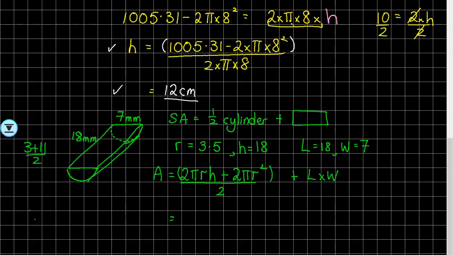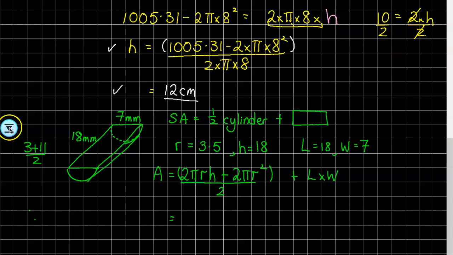Okay, so because you have now done all the hard work, you've looked at your diagram, you put your radius here, you've put your height, you've got your length and width, all you have to do now is sub, and write, and then calculate. Organisation. If you don't write it down, you might accidentally look at a different question in your textbook and put the wrong radius in.